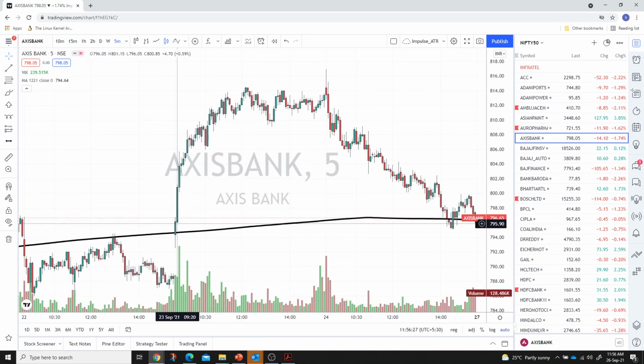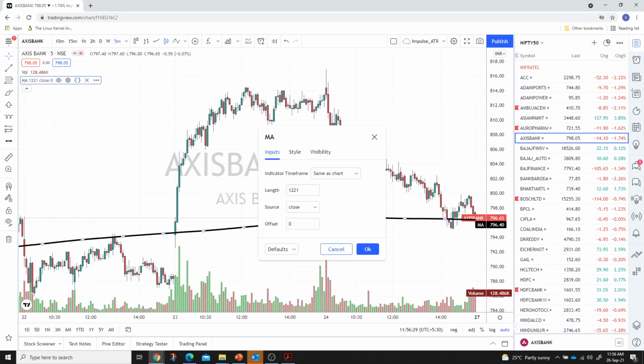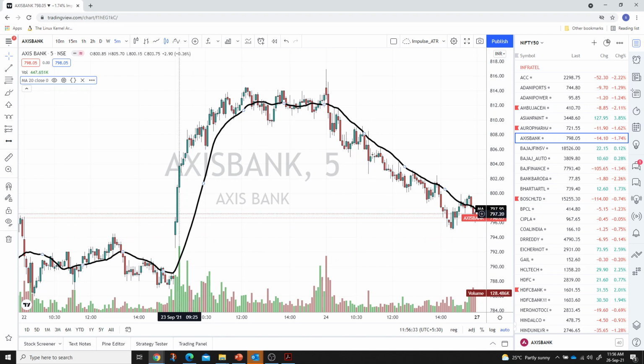It gave a good breakout, it is above the 20-day moving average. All that concept I'll apply and I will go long here. Let's assume that you have made this money. How many points? 796 to 813. So you have made a good 18 points, 17 points, right?